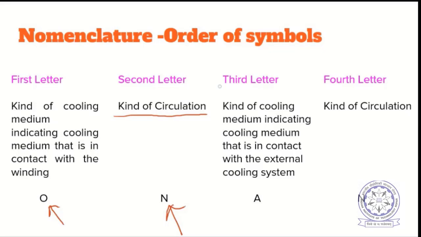And the third letter is the kind of cooling medium that is in contact with the external cooling system, meaning the tank or radiator tubes. Radiator tubes may be left alone to be cooled by natural air. In that case, air is in contact with the tank or radiator tubes, so the symbol may be A. But you may also use water to cool the radiator tubes.